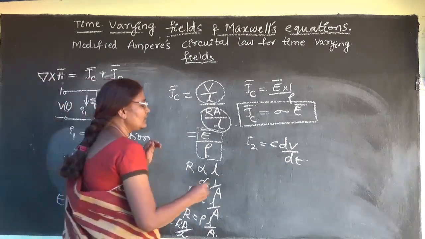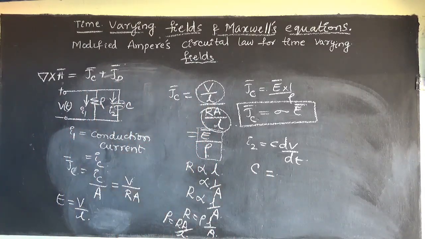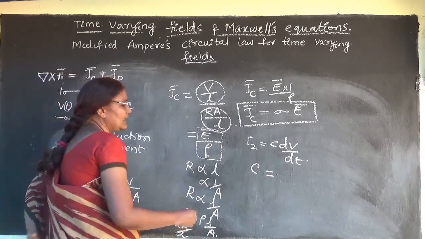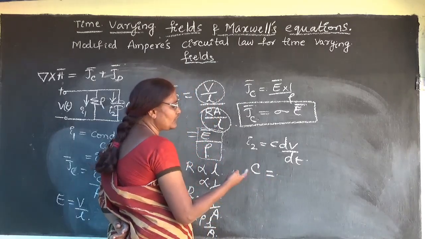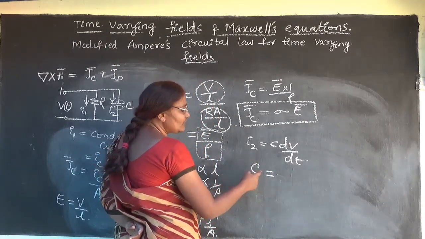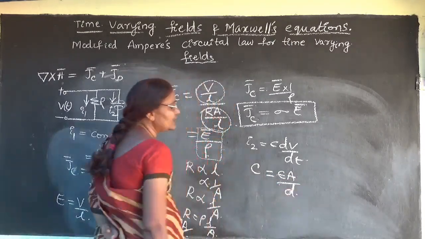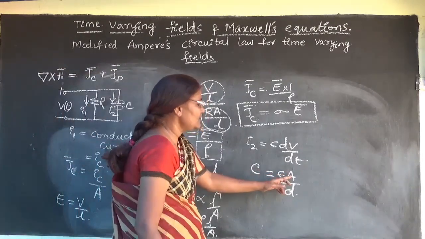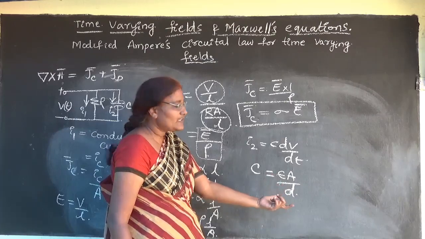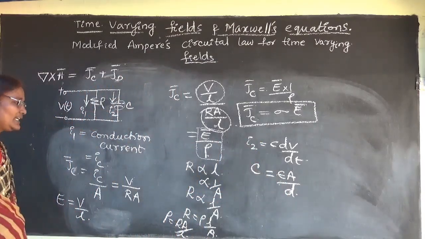And we know that the formula for capacitance is epsilon A by d. When you want to find the capacitance value, it will be in terms of the dimensions of the plates, that is epsilon A by d, where A is the area of the plates and d is the distance between the plates and epsilon is the property of the medium between the plates.